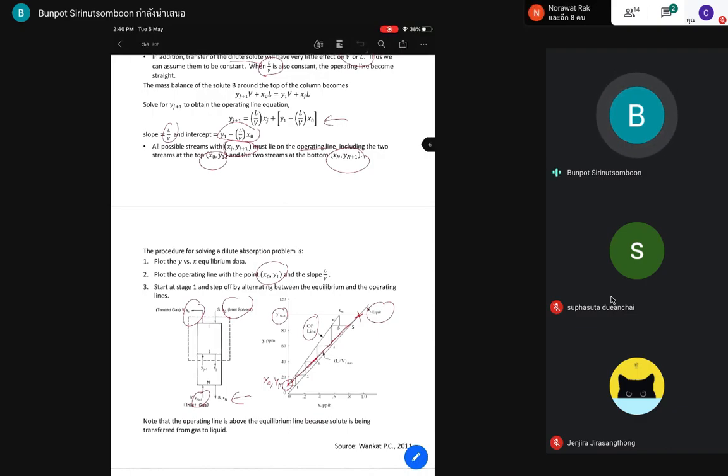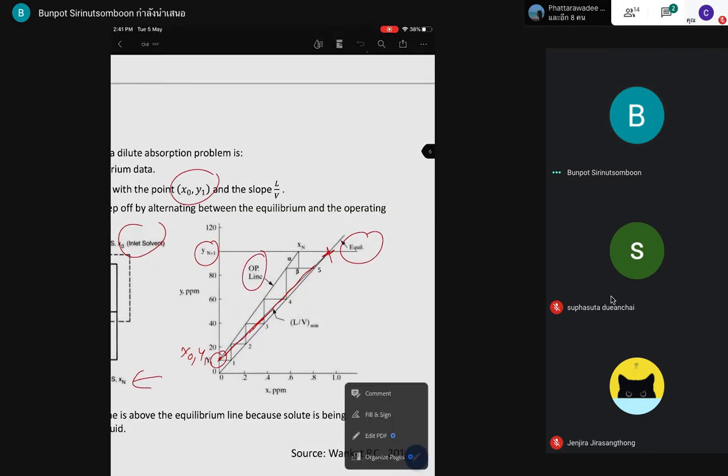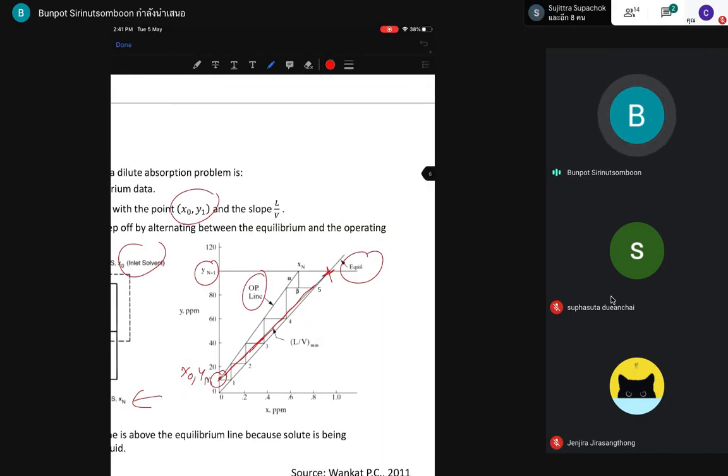The main point is that for absorption, the operating line is on top, and the equilibrium line is below.